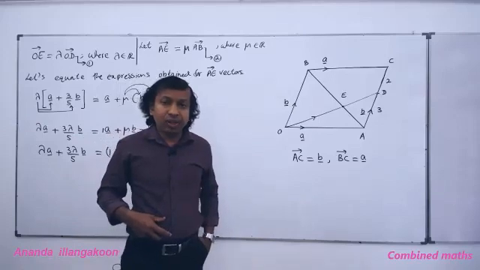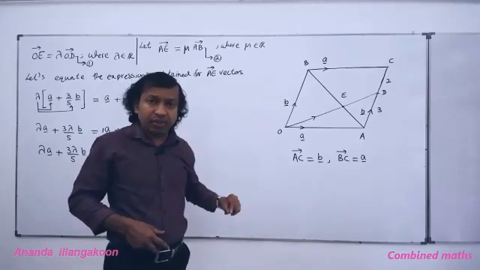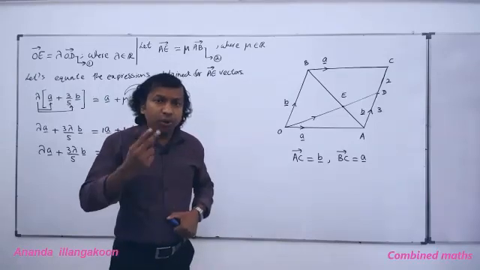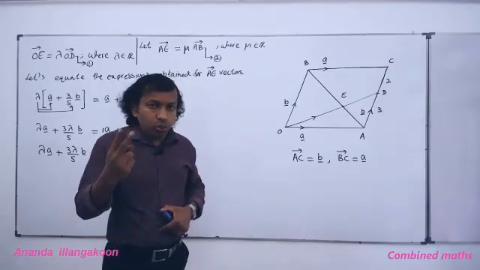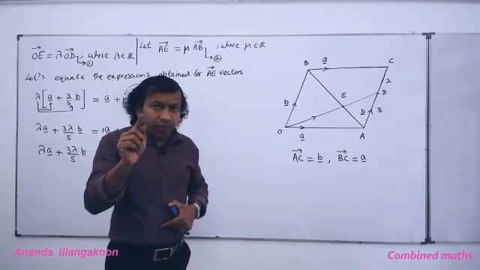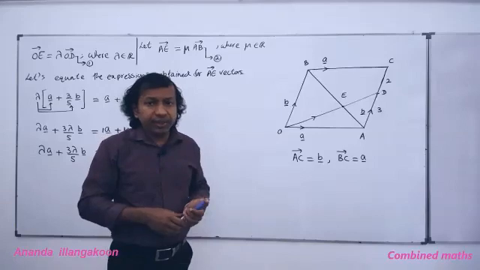So vector a and vector b are two non-zero, non-parallel vectors. Can you remember what we learned today?